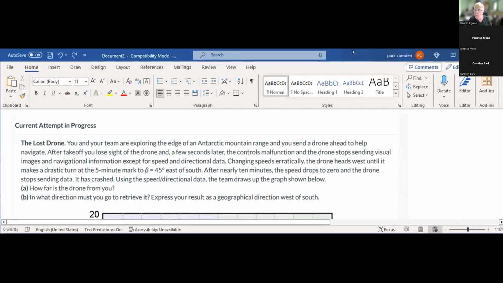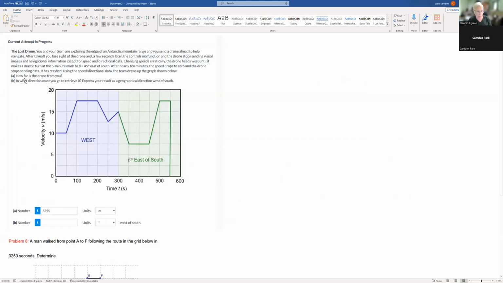So is this the problem? Okay, the lost drone. You and your team explore the edge of Antarctica mountain range and you send a drone ahead to help navigate. After take off, you lose sight of the drone, and a few seconds later, the controls malfunction. The drone stops sending visual image and navigational information, sending only speed and directional data.